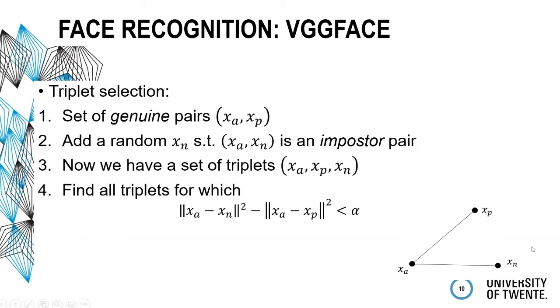This is an example where it doesn't hold, because the distance between your anchor and your positive is the same as the distance between your anchor and your negative. We call these hard triplets because the network is not able to classify these properly. And here's a third example that is even worse, because the distance between your anchor and your positive is actually larger than the distance between your anchor and your negative.